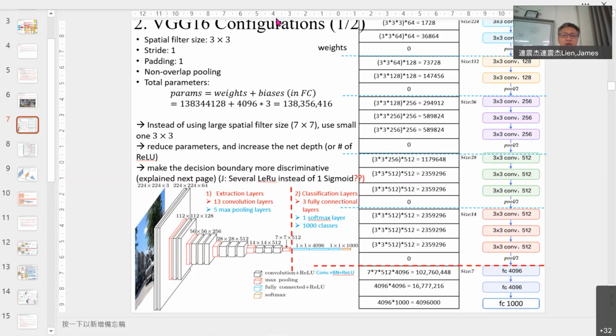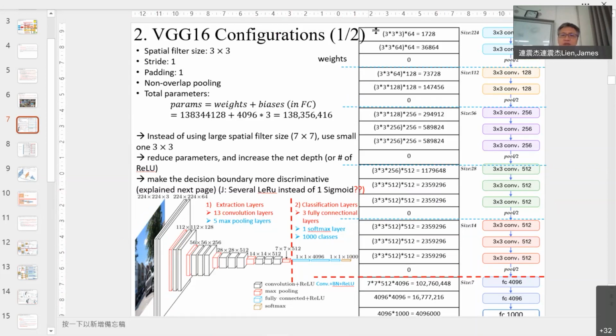Here is another way to write this table, another way to describe this network. This one is important. Sometimes you should learn it, as some papers use this one, some papers just show you this one, and some show you both, but this is better. This means, for example, the first convolution, the second convolution: 1 and 2.